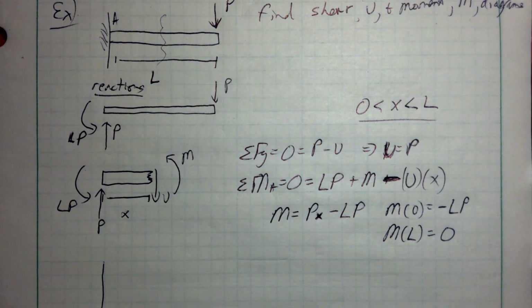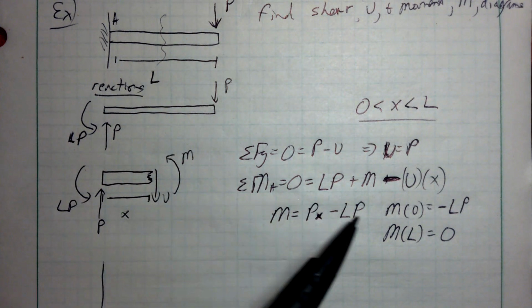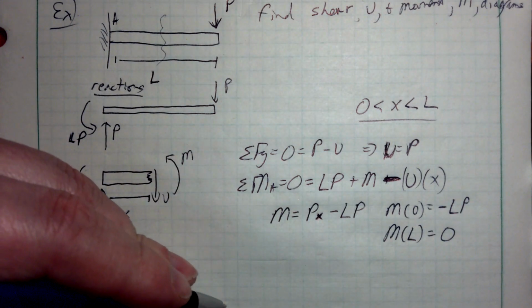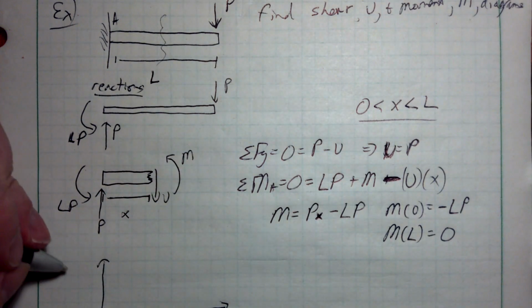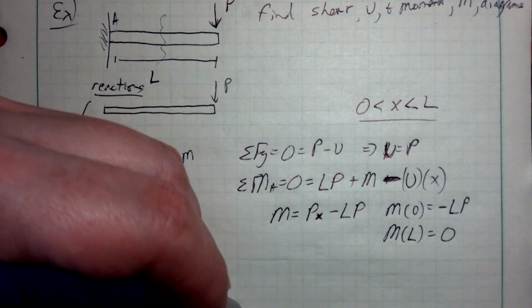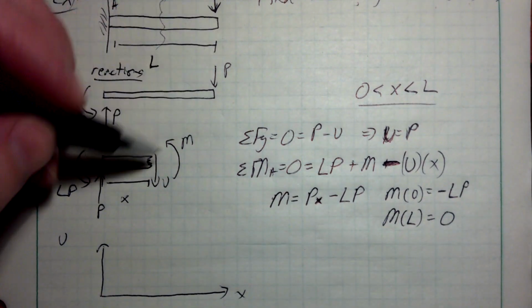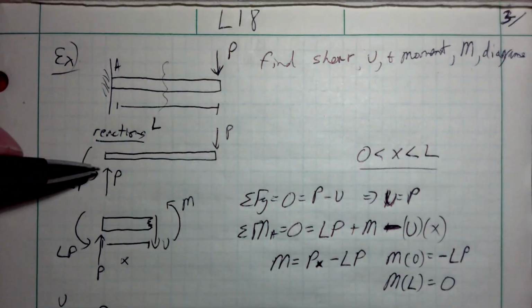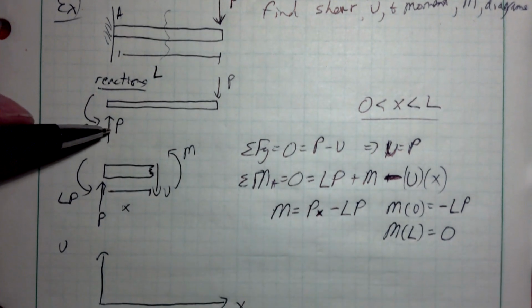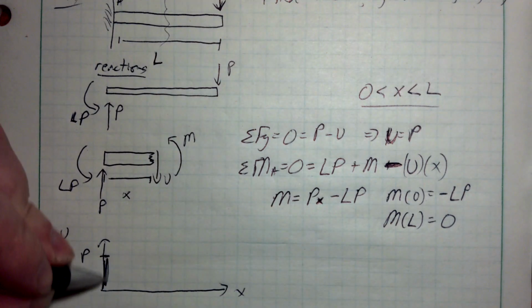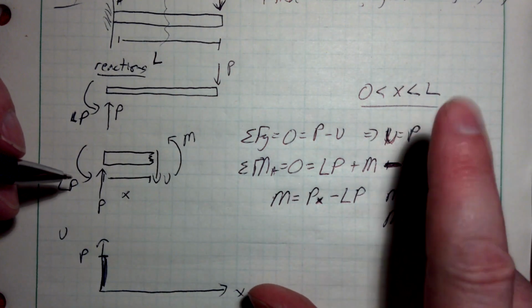So my shear is just going to be a constant P. So if I plot my shear as a function of x, right, so I'm lining this up here, and notice that I've got this reaction force P, so it's going to take it up to a positive P. So in theory, I wouldn't even necessarily have to find this.